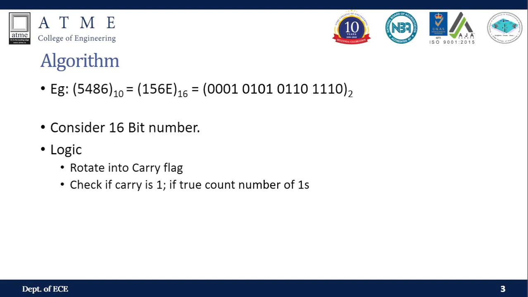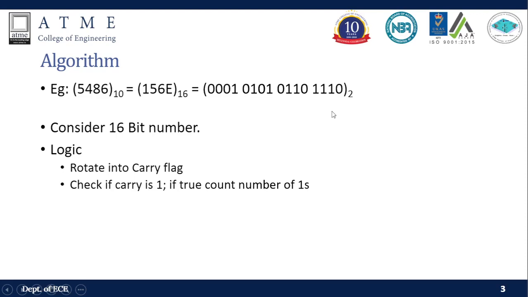So quickly, if you are going to summarize the whole thing, we are going to take our binary number, do a logical rotate operation on this, and that logical rotate operation will take this binary number through the carry flag, and in the carry flag you are going to check if there is a carry or not. So if there is a carry, then one register will count the number of times a carry is generated.